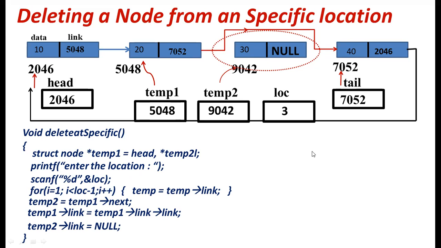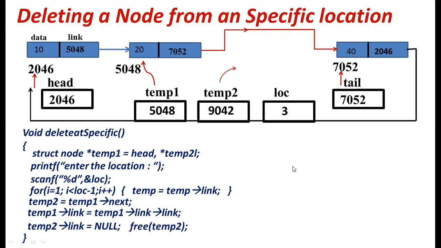So we write free of temp2. When we say free of temp2, that node will get erased, so we can use it for some other purpose. So this is how we can delete the node at a specific location. This is the logic we are going to use for deleting a node at the specific location.